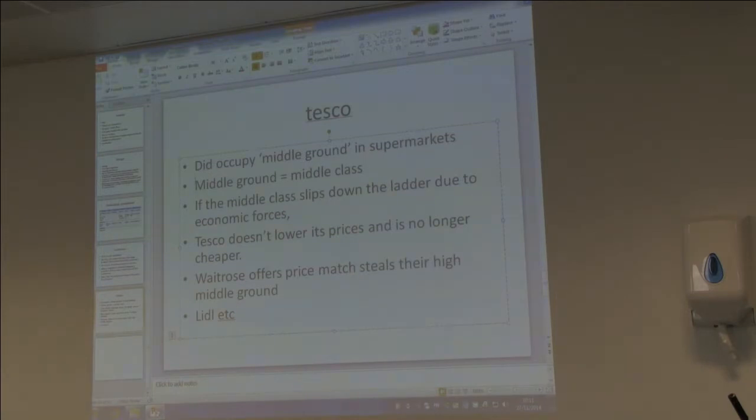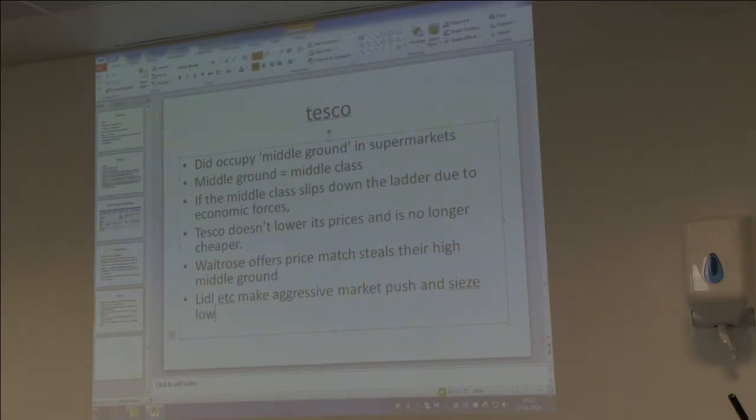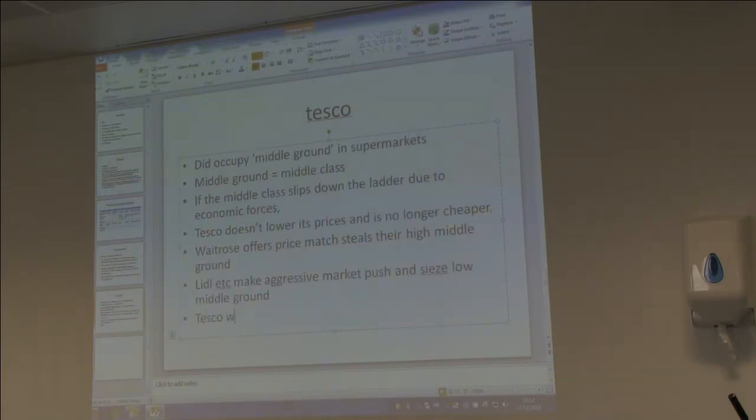They actually make an aggressive push, because they did a market push, and seize the low middle ground. What are Tesco left with?